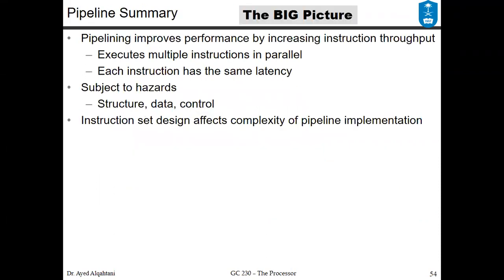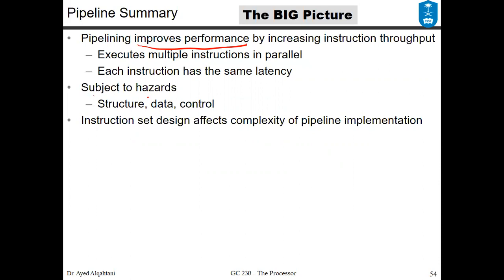Now, as a summary, the pipeline improves the performance by increasing the instruction throughput. It actually executes multiple instructions in parallel. Each instruction has the same latency, as we said. It improves the performance by a really good amount if you compare the non-pipeline to the pipeline processor, but it is subject to hazards.